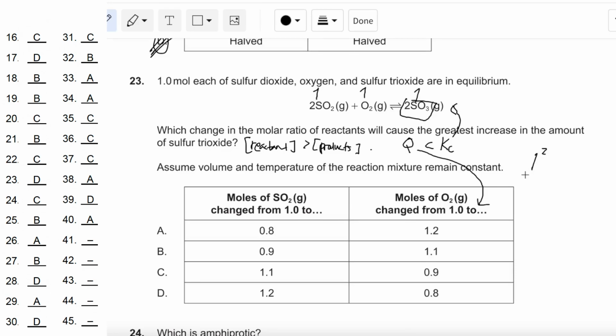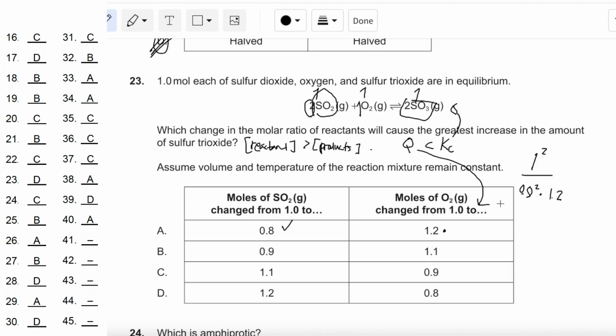1 squared divided by 0.8 times 1.2. The 1 squared comes from right here, it's 1, and then we change the moles of SO2, it's not 1 anymore, it's 0.8, and 1.2 comes from O2, which is 1 here, but here is 2.